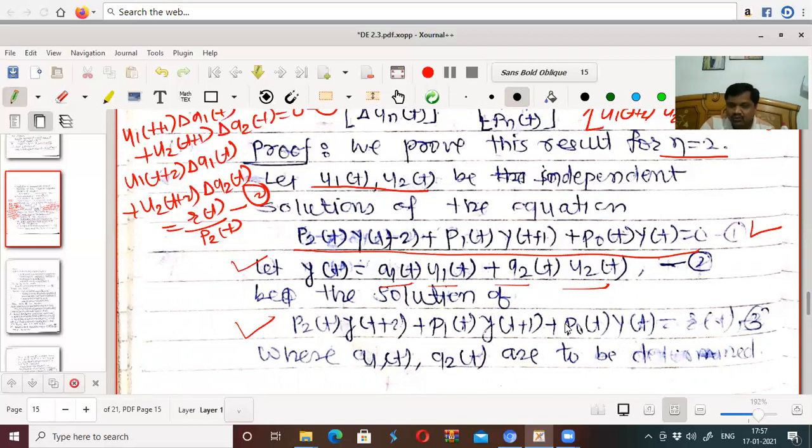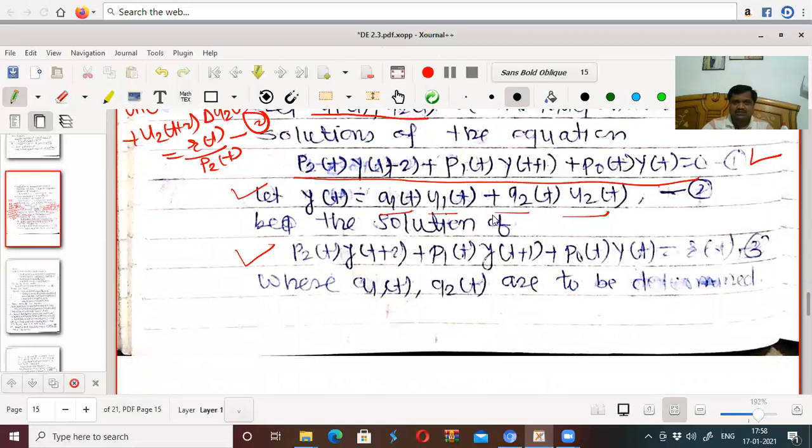Then we have only to show that if y(t) is a solution of this, then these two equations arise. Or if these two equations hold for a1, a2, then y(t) given by 2 is the solution of non-homogeneous equation 3. Okay, we'll prove that.